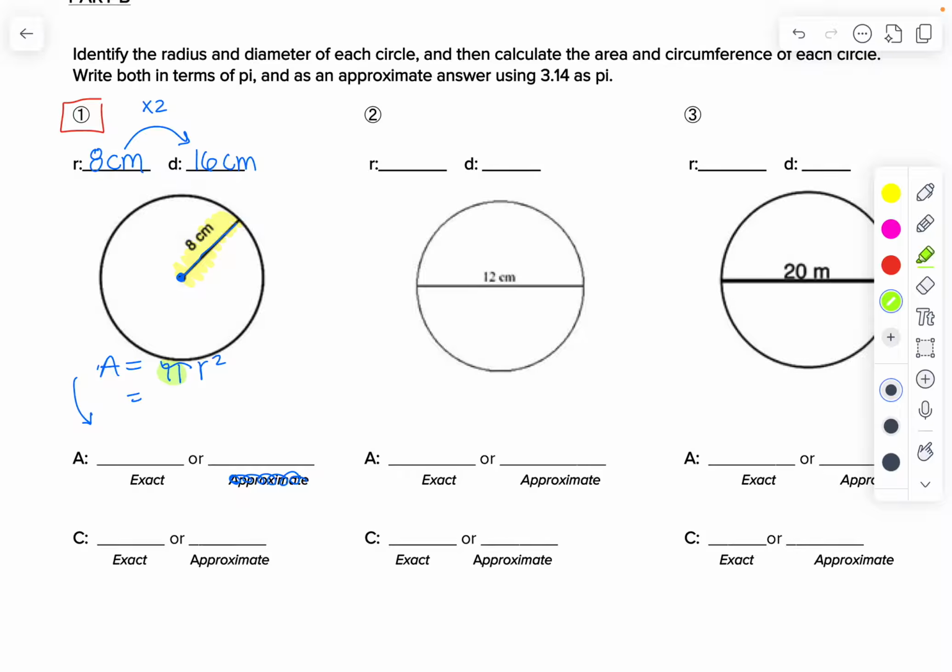Pi is the same thing as 3.14. This is a constant that's never going to change. And then r squared. Squaring something means multiplying it times itself. So r squared in this case is going to be 8 times 8. So that means I need to multiply 3.14 times 64.